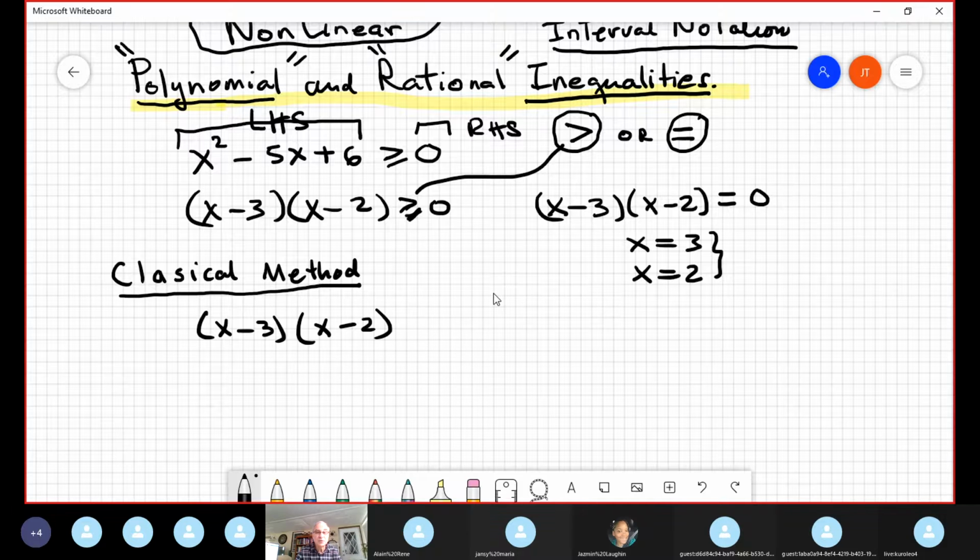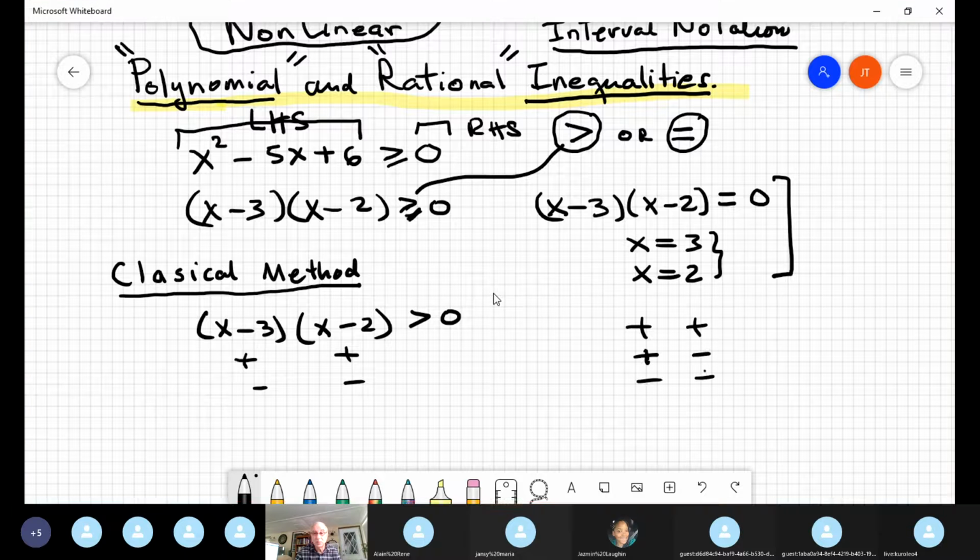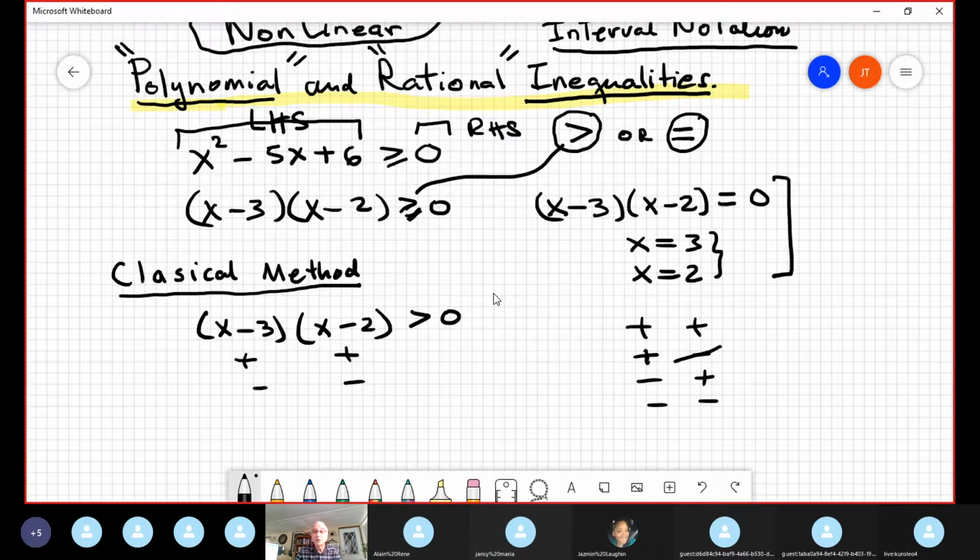If this expression is greater than 0, I ignore the equal sign because I did that before. To say the left-hand side is greater than 0 is synonymous with saying it's positive. It's because this factor is positive and this factor is positive, or this one is negative and this one is negative. Basically, we have four combinations: plus plus, plus minus, minus plus, or minus minus. However, you ignore the mixed ones because you know a positive times a negative is negative. So these are the combinations that we have.